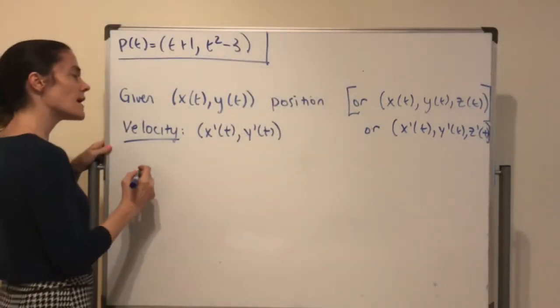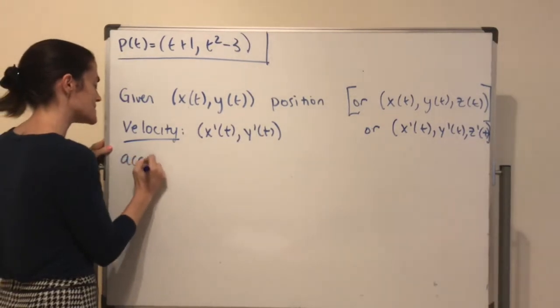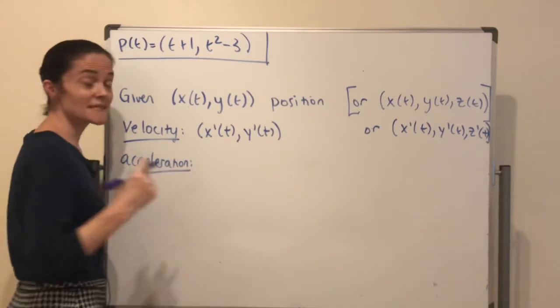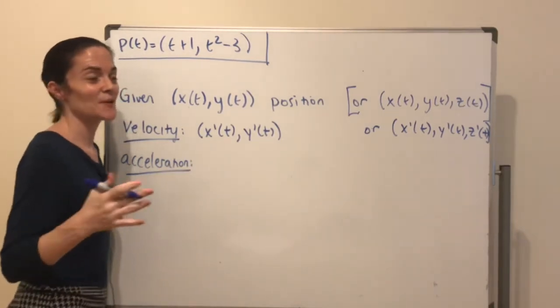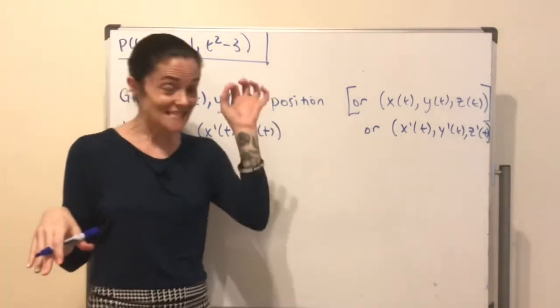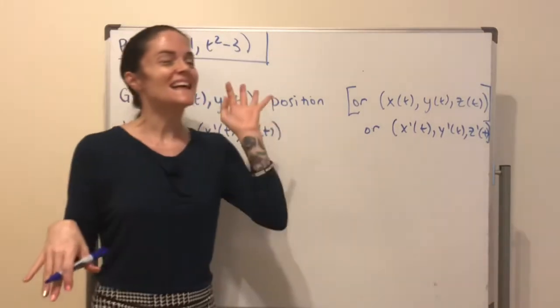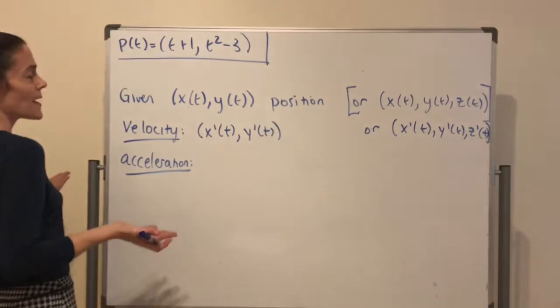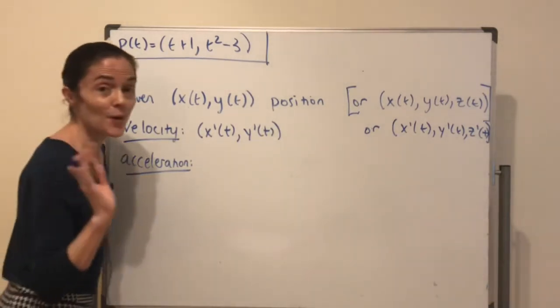And then another thing I will say, acceleration. What's the acceleration when you have motion along a line? It's the second derivative, or it's the first derivative of velocity. And it's the same idea here, except it's component-wise.